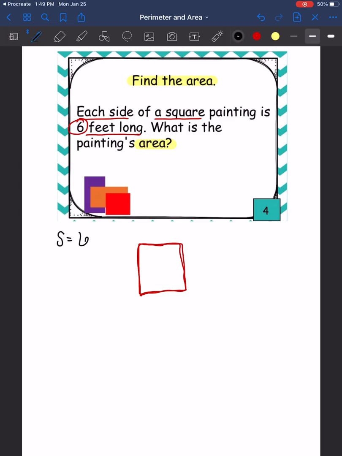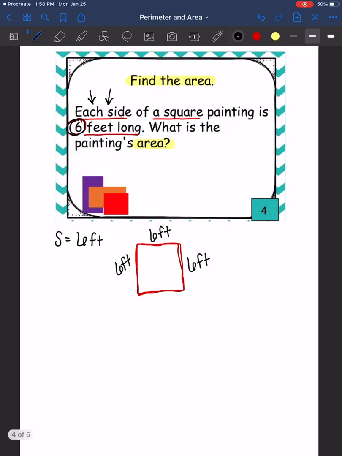Each side is 6 feet long, and I've written my FT for feet. I have looked at the question again, and it says each side is 6 feet. I'm going to write the 6 feet around each side of the square, excuse me. Now I'm going to write out my area equation.